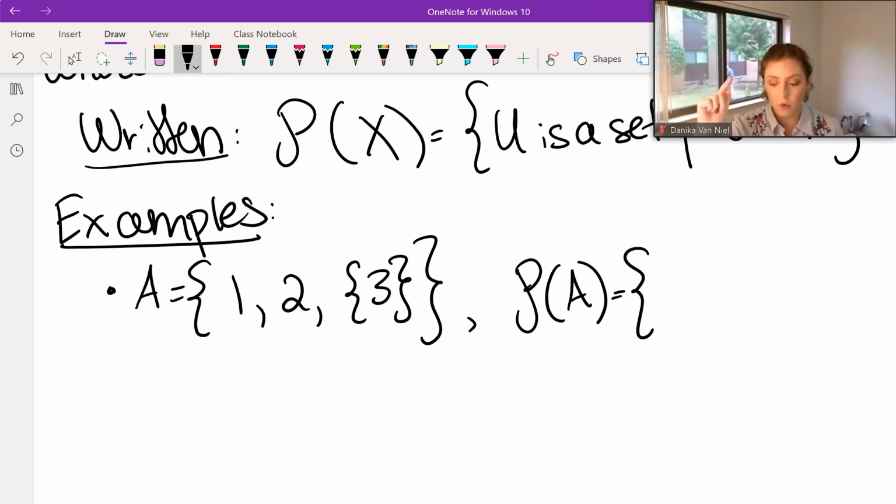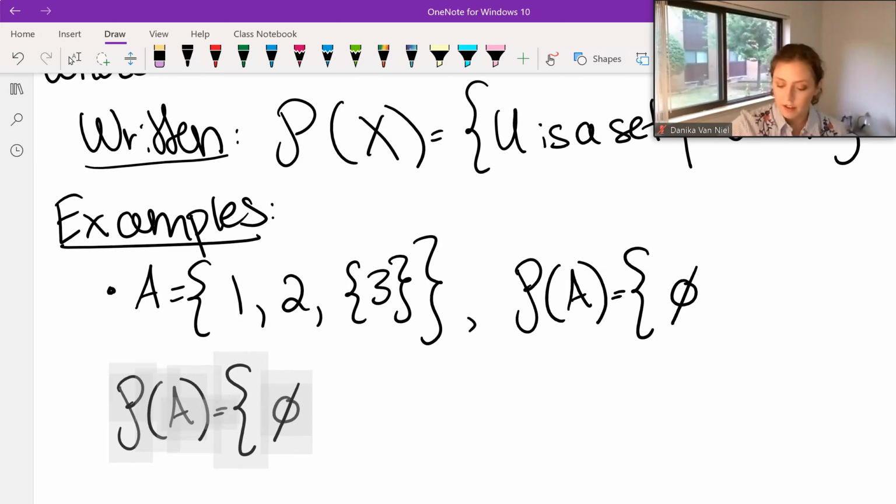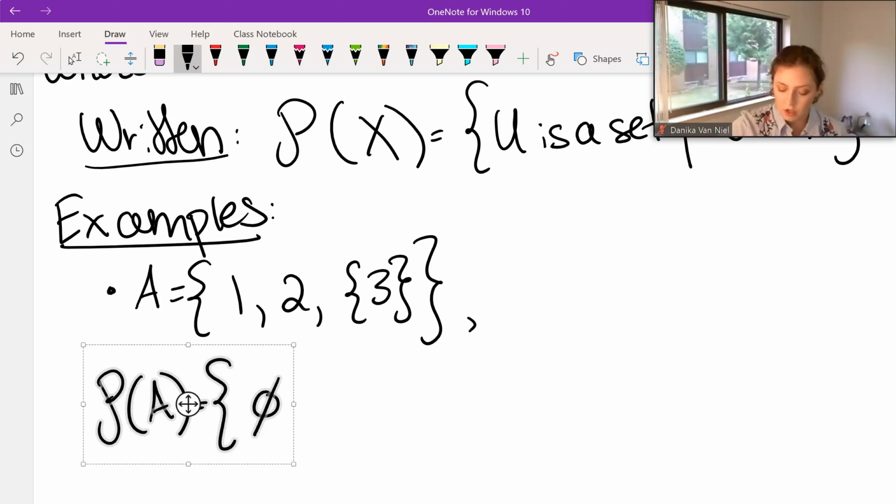First, I'm going to start with subsets of size 0. Remember, in my first video this week, I told you that the empty set is always a subset of any set. Say that 10 times fast. So we have the empty set.